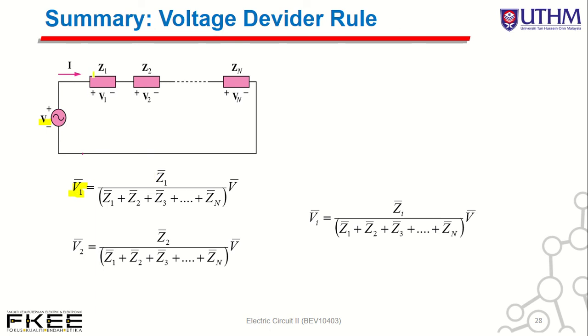V1 equal to Z1 divided by total Z, where total Z is Z1 plus Z2, Z3 until Zn, say we have n impedances. V2 equal to Z2 divided by total Z times input voltage. In general, Vi equal to Zi divided by total Z times V. This is the summary for the voltage divider rule.